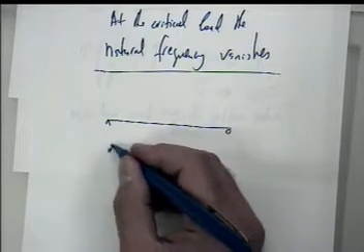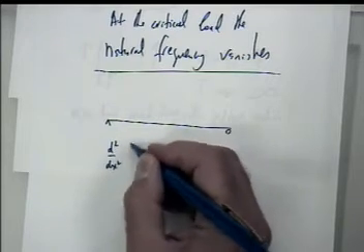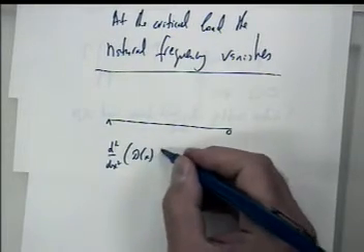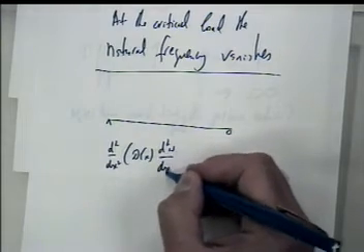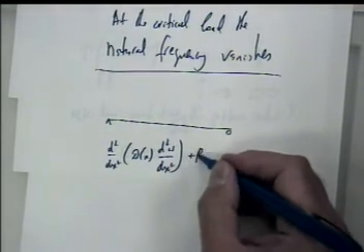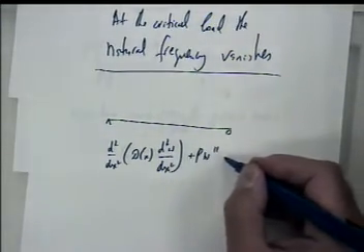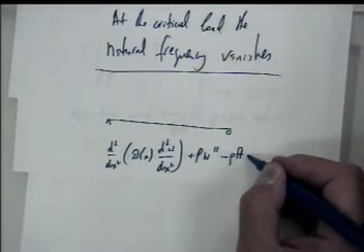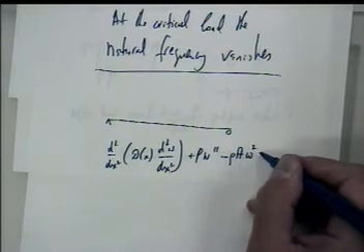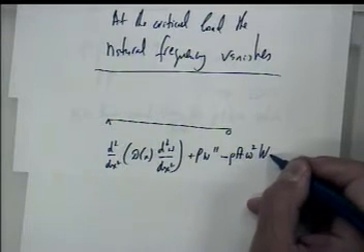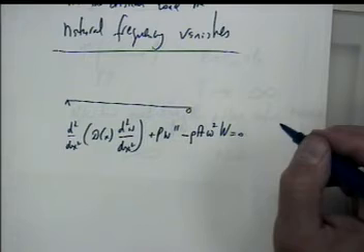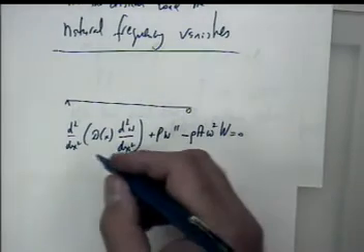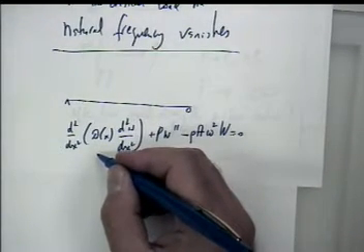Remember, we have d2 dx squared of D of x times d2w dx squared, plus P w second derivative, minus rho A omega square w equals 0. So for that column which EI is changing.